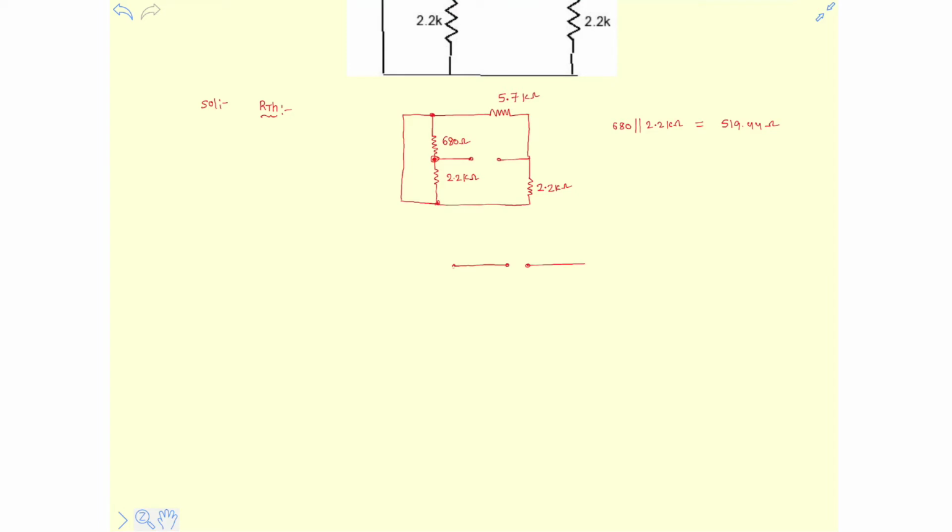This is the open circuit. This is the 5.7 kilo ohm resistor. And this is the 519.44 ohm resistor. This is connected here and this is connected here. 2.2 kilo ohm resistor.